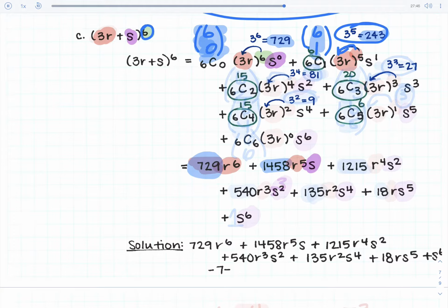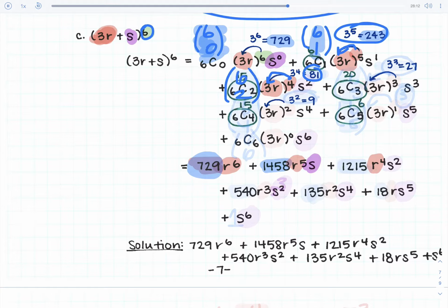Continuing right along, we would go down again with our r's. We'd take our 3r term, that first term, and now raise it to the 4th power. So we know we're going to have an r to the 4th power in our answer, but that also means that the 3 has to get raised to the 4th power, which is an 81. But the 81 is going to get multiplied by our combination, which is 6 and a 2.